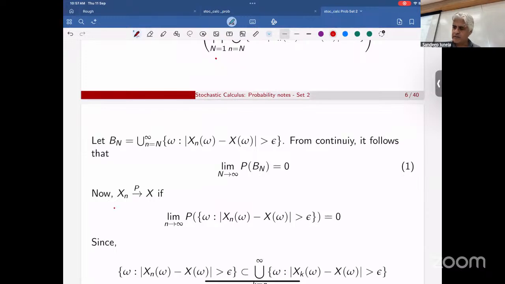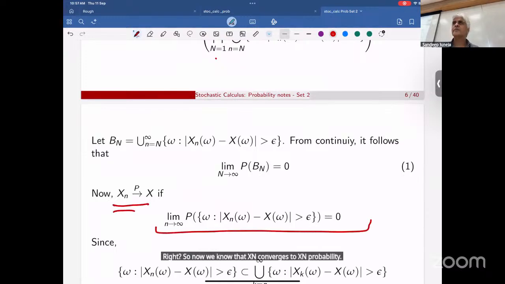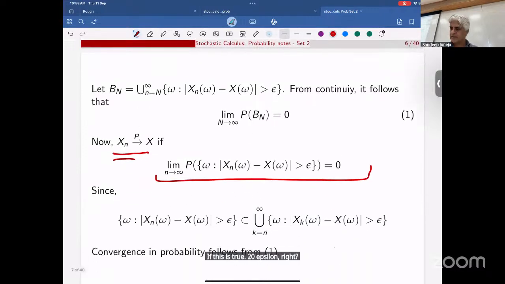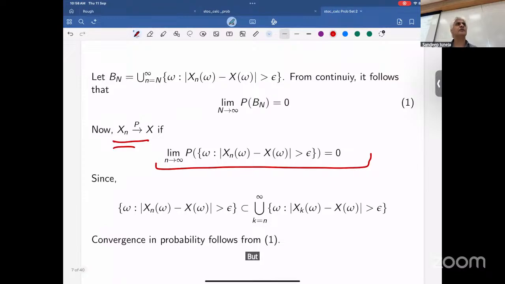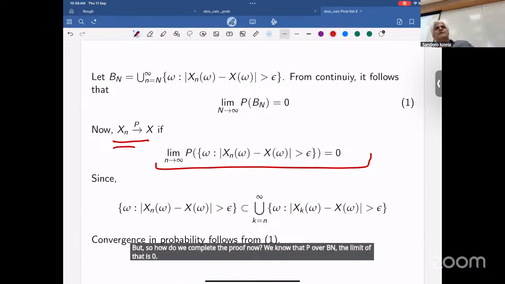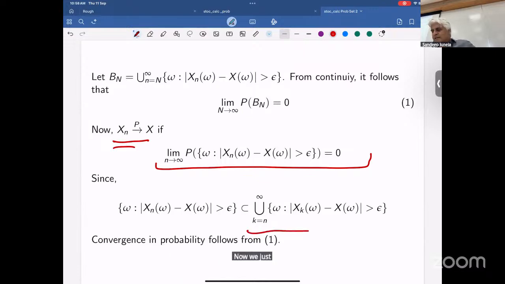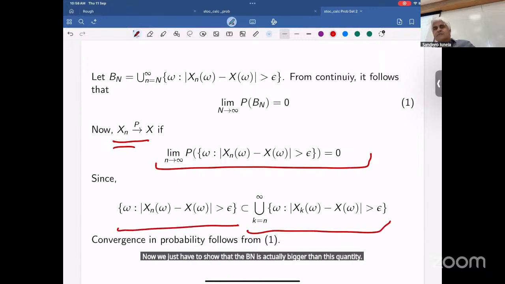So now we know that Xn converges to X in probability if this is true for any epsilon. But how do we complete the proof now? We know that the limit of P of Bn is 0. Now we just have to show that Bn is bigger than this quantity.